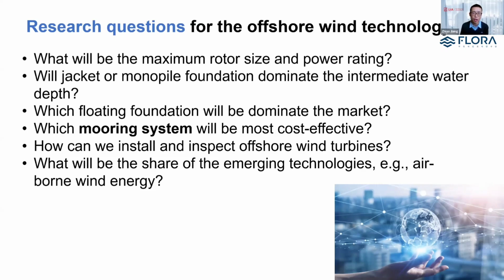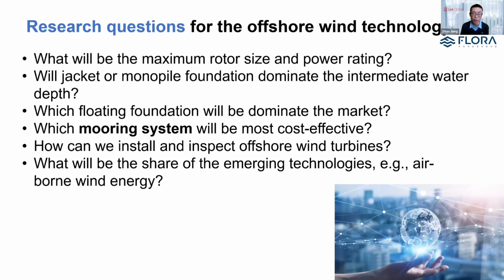Where jacket or monopile foundations dominate the intermediate water depths, we all know that for very shallow water depths, less than 30 meters, monopile foundation is dominating in the market. But if water depth increases to more than 50 meters or approaches 100 meters, will monopile foundations still be the preferred option?